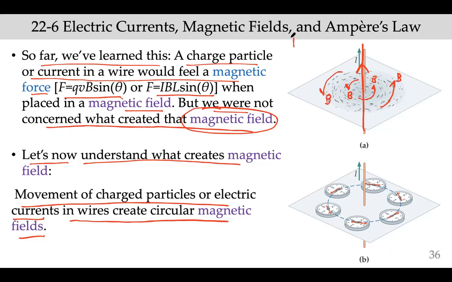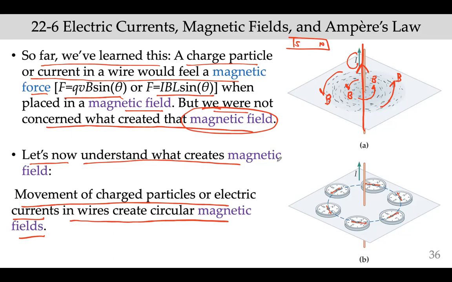Of course, you can also create magnetic field lines by using a magnet, but this is the other option. Without a magnet, if you have a current carrying wire, there will be magnetic field lines. So any wire that carries current creates magnetic field lines around it. Any wire that you can see right now around yourself, if there's current passing through it, then there is a magnetic field around that wire.